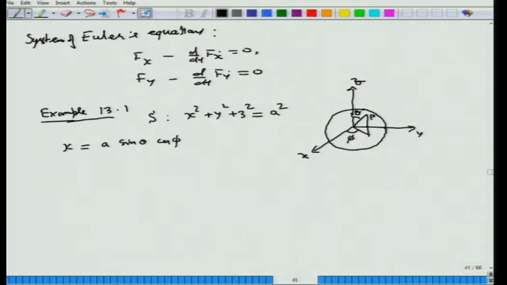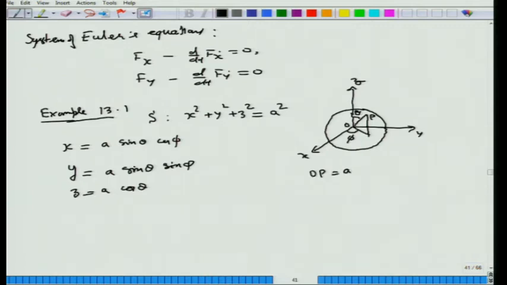So, x, y, z are given like this: y equal to a sin theta sin phi, and z equal to a cos theta.